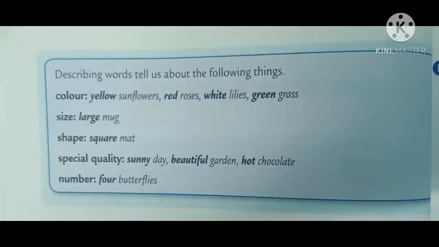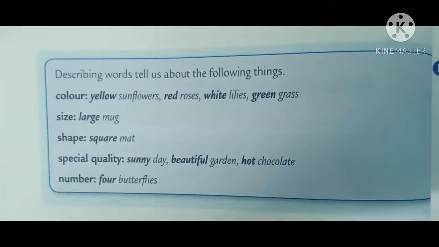Next, it tells us about the shape of the noun. Mat is a noun. What kind of mat? Square mat. What is the shape of the mat? Square.